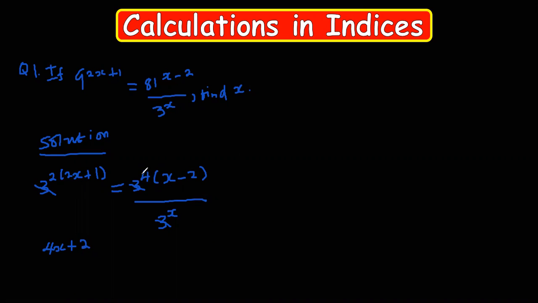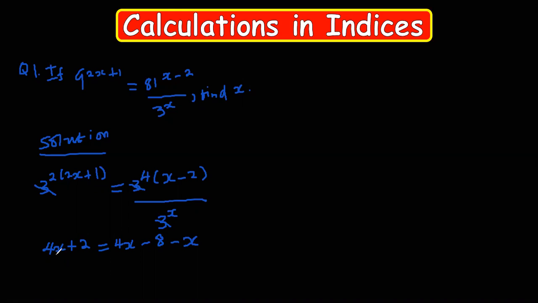And the same thing here: 4 times x gives 4x, and x minus 4 times 2 is minus 8. And then this x, we're going to take it up, and when we take it up, it's going to be minus 1x. This is according to the fractional index law.